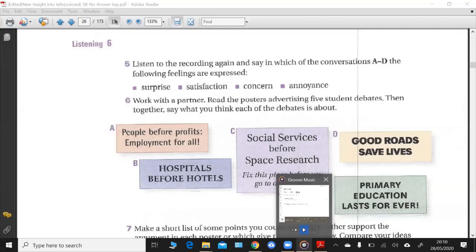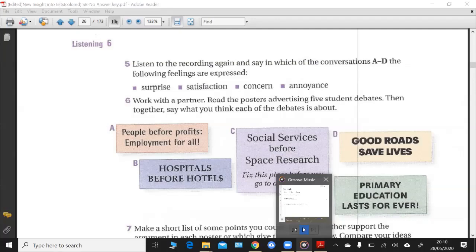They might not be able to complete their research. Their research might be delayed. They might have some other difficulties to complete it on time. So now, what do you think? Is it annoyance or concern? It's concern. But like the first conversation, you said it's concern. So now will you change your answer?